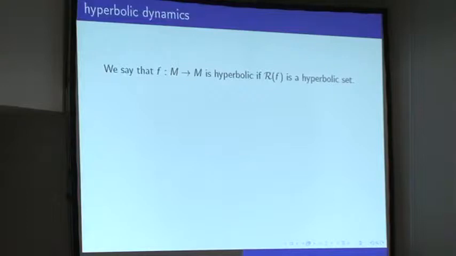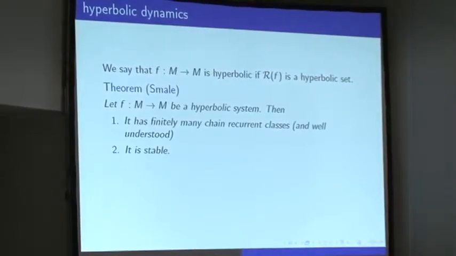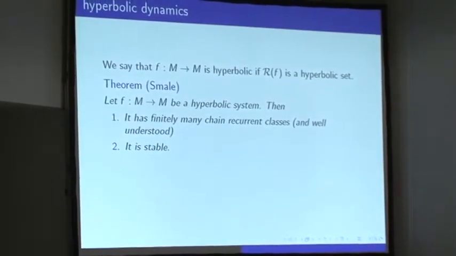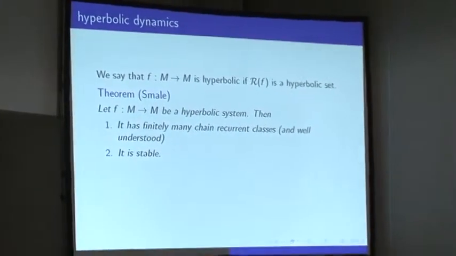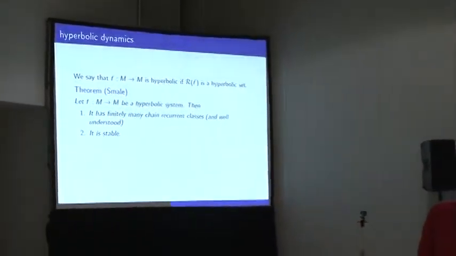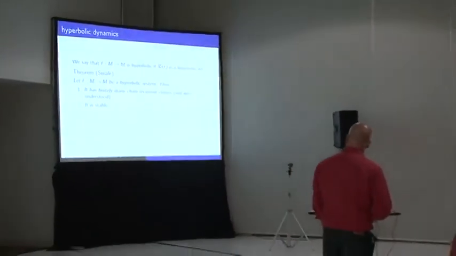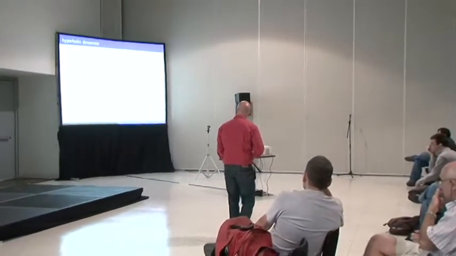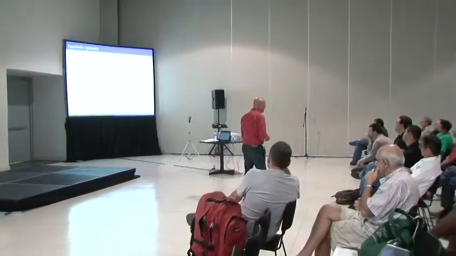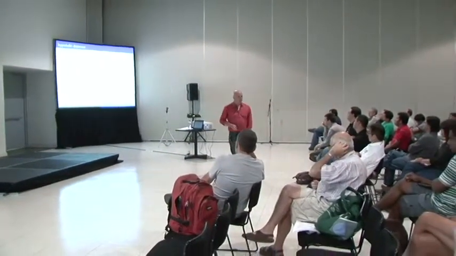So we say that a diffeomorphism f from M to M is hyperbolic if the chain recurrent set is a hyperbolic set. And there's an important result here by Smale that if we have a hyperbolic system, then we have finitely many chain recurrent classes, and they are very well understood. They are homoclinic classes.